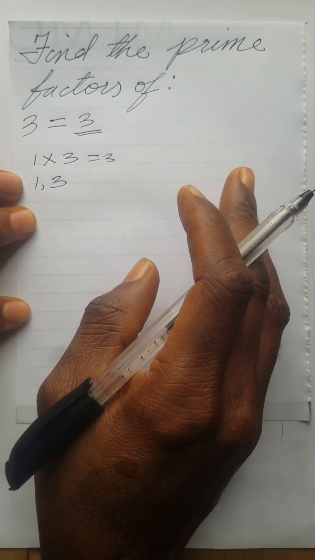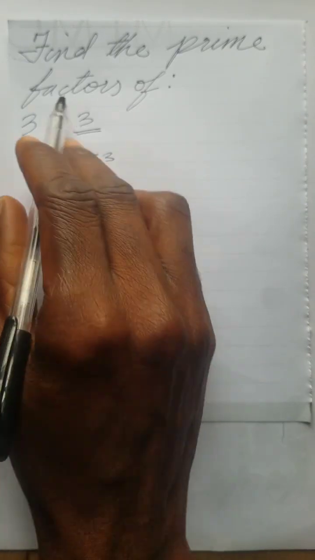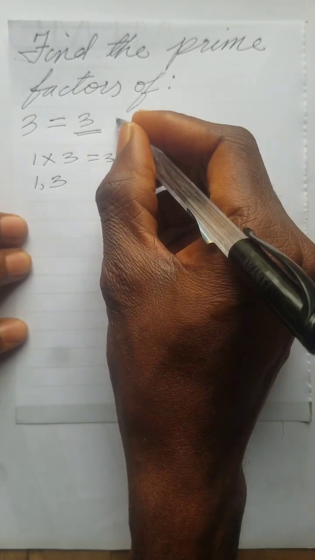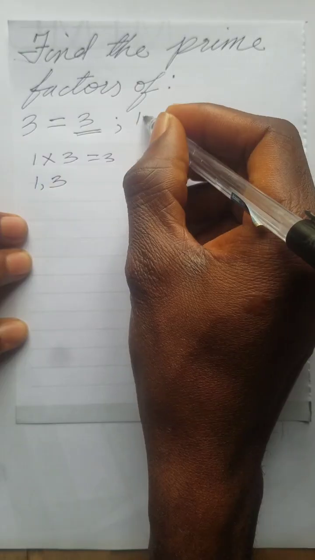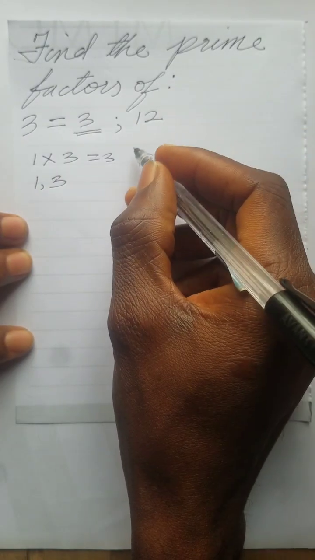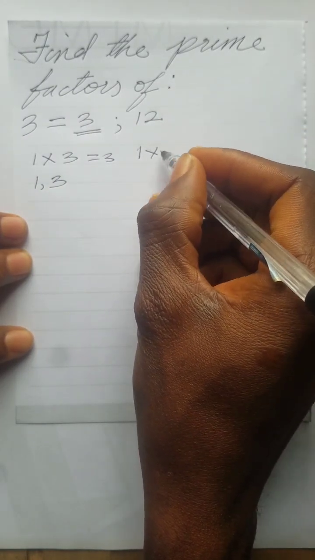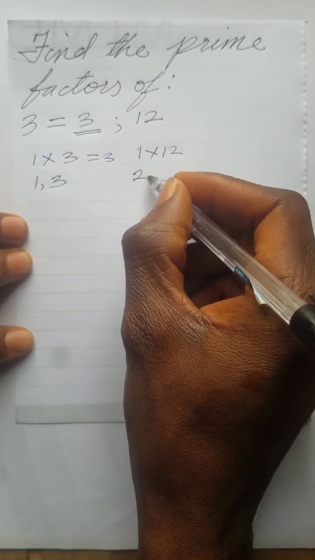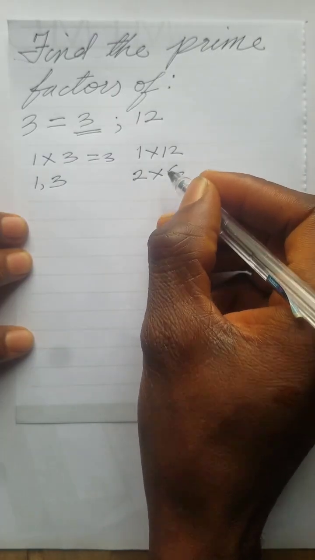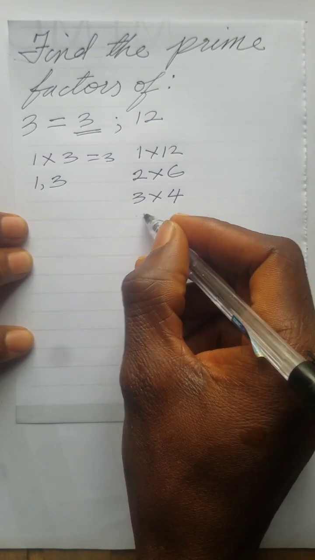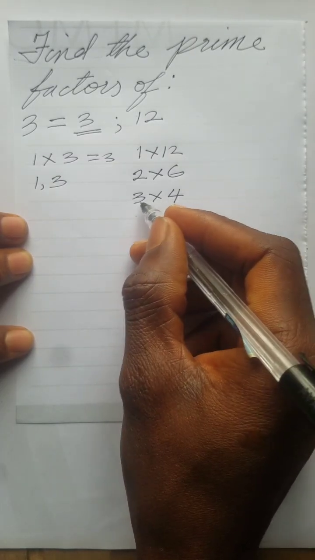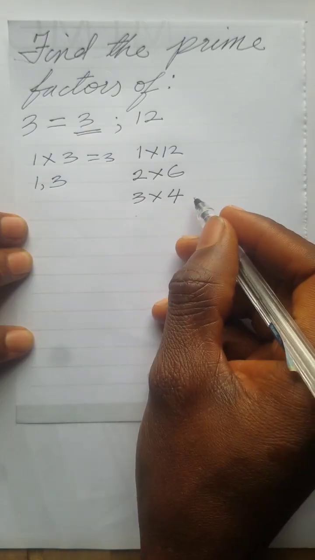That's simple. Okay, if I ask you to find the prime factors of, let's say, 12, what would you do? You start by saying 1 times 12, 2 times 6, 3 times 4. The next is 4 times 3, but 3 times 4 is already here, and it's the same thing.